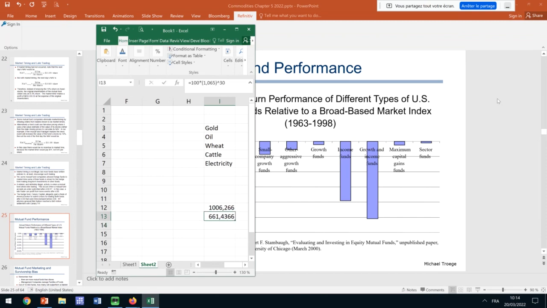And that's the reason why a lot of people now switch from actively managed funds, which we know underperform, to index funds. Because if you invest in an index fund, you know that you will replicate the index. Index funds also have management fees, but they are much, much lower, something like 10 times lower.